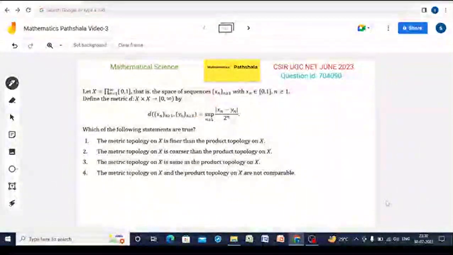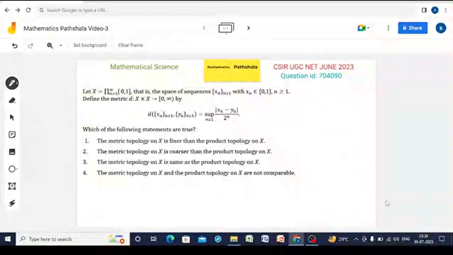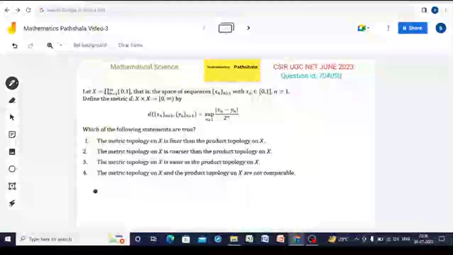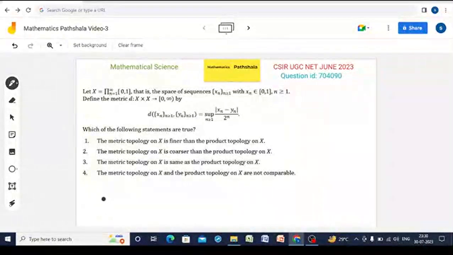So let us now start to show this. And before starting, we need to write an important result which will help to serve our purpose.